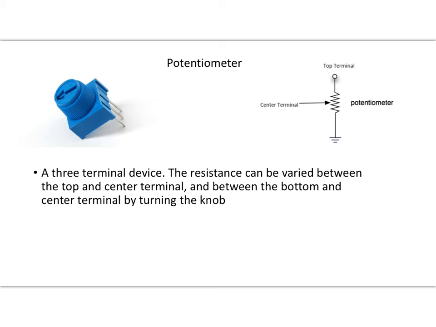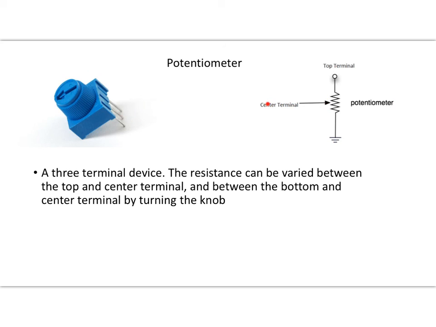On the other hand, if you're moving this down, then the resistance between the center terminal and the ground becomes less, and the resistance between the center terminal and the top terminal becomes greater. Typically, these are used when this top terminal is connected to 5 volts and the bottom terminal is connected to the ground.